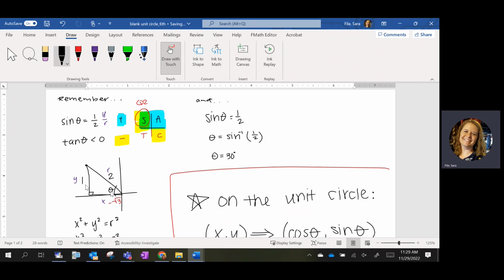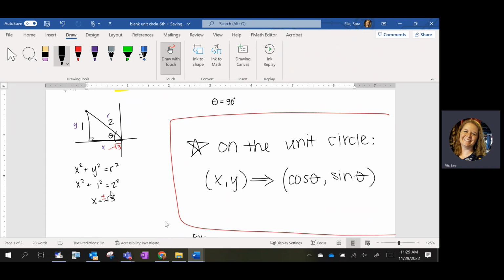To 1/2, right? If I'm halving both of these, this would become 1 and this would become 1/2. And then y is 1/2, r is 1. And you don't divide by 1, that doesn't do anything, right? So we would just leave it as 1/2. So notice the y value is the sine value if you're on the unit circle.